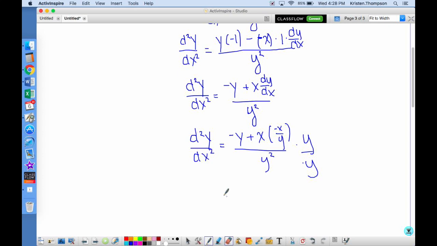Distributing y on top, negative y times y gives me negative y squared. For this second term, x times negative x over y, the y's cancel when you multiply, and x times negative x gives me negative x squared. All over, on the bottom, y squared times y to the third. And this gives us our final second derivative.